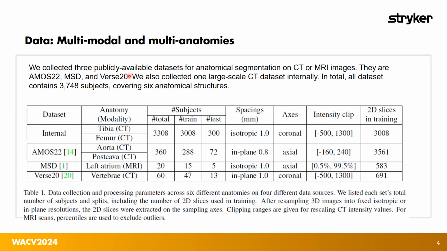In total, we have six anatomies, consisting of tibia and femur, which are the knee joints; aorta and postcava, which are from AMOS22; the left atrium from MSD; and then vertebrae or spine from VERSE20. We compare our method with the UNet baseline, and then SAM with a single point or bounding box as prompt.